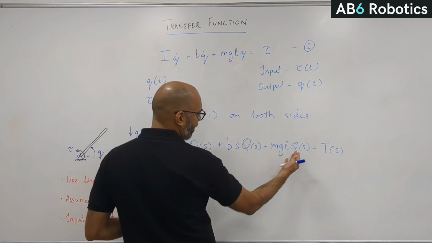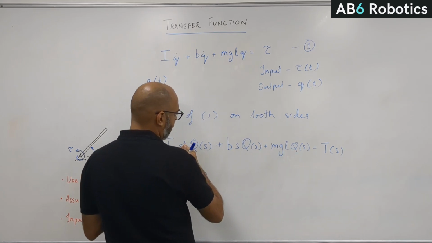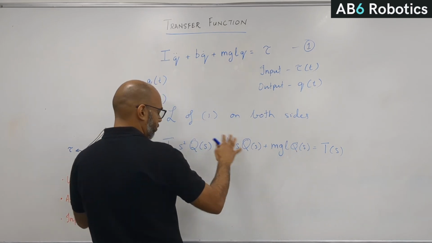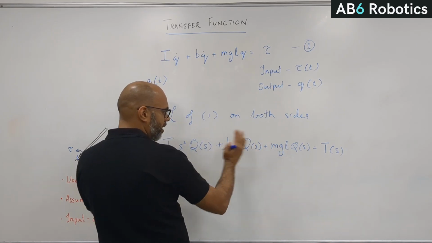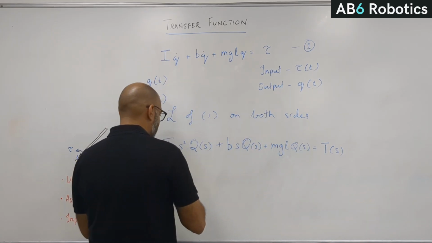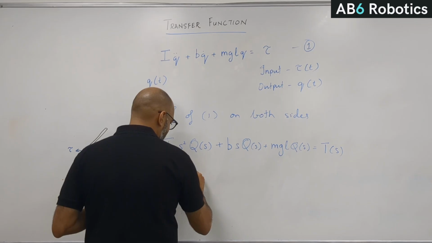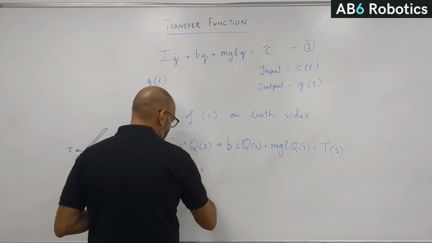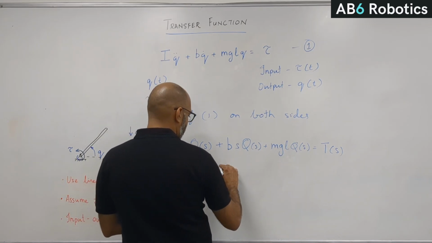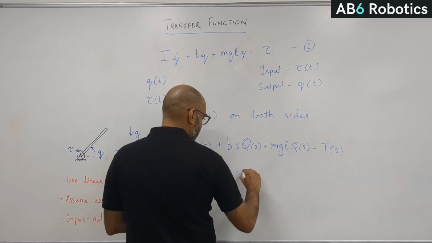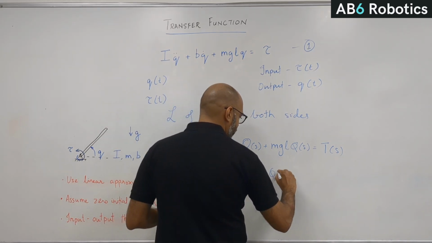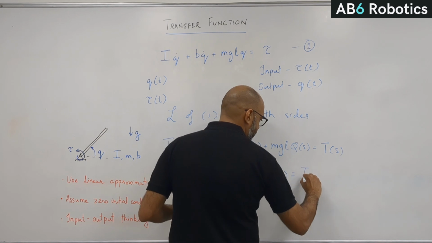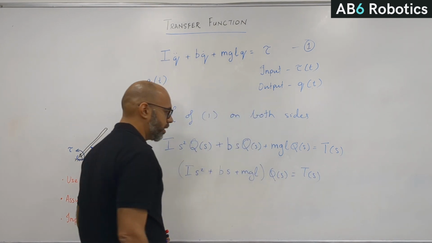But here, you can take Q of s outside as a common factor, everything else becomes one term, and then it's very simple. Then you can write this as I s squared plus B s plus MGL, times Q of s, is equal to tau of s.